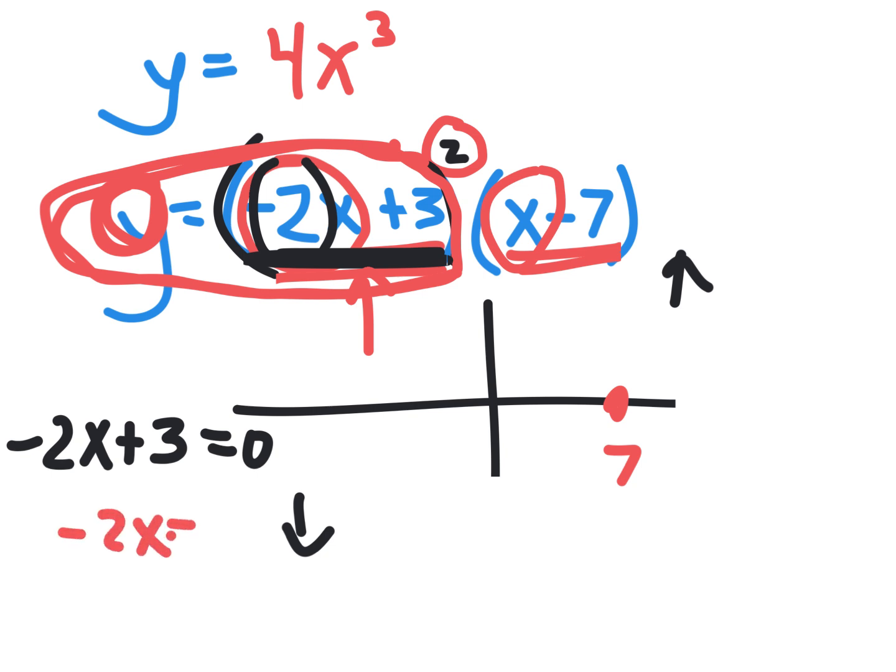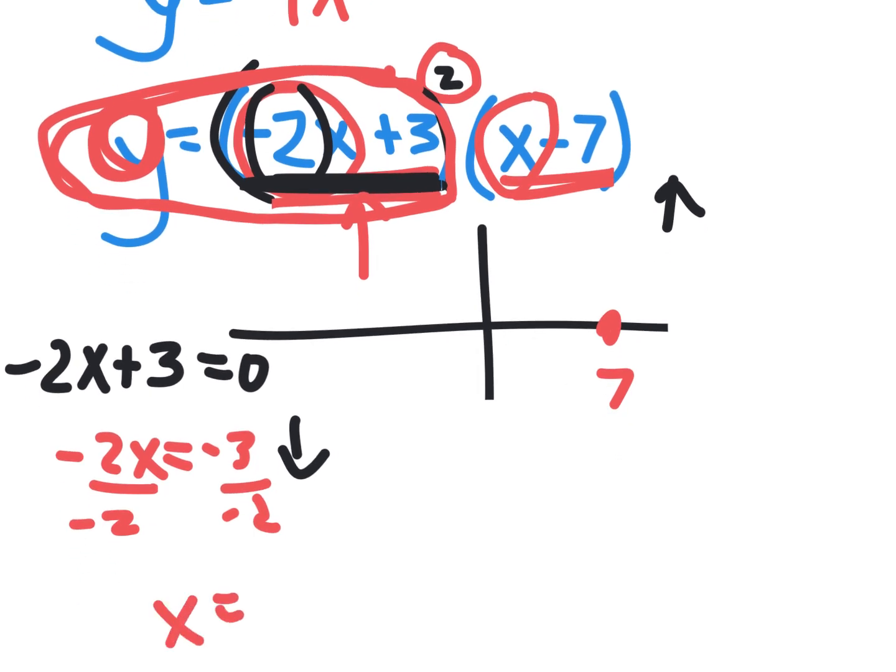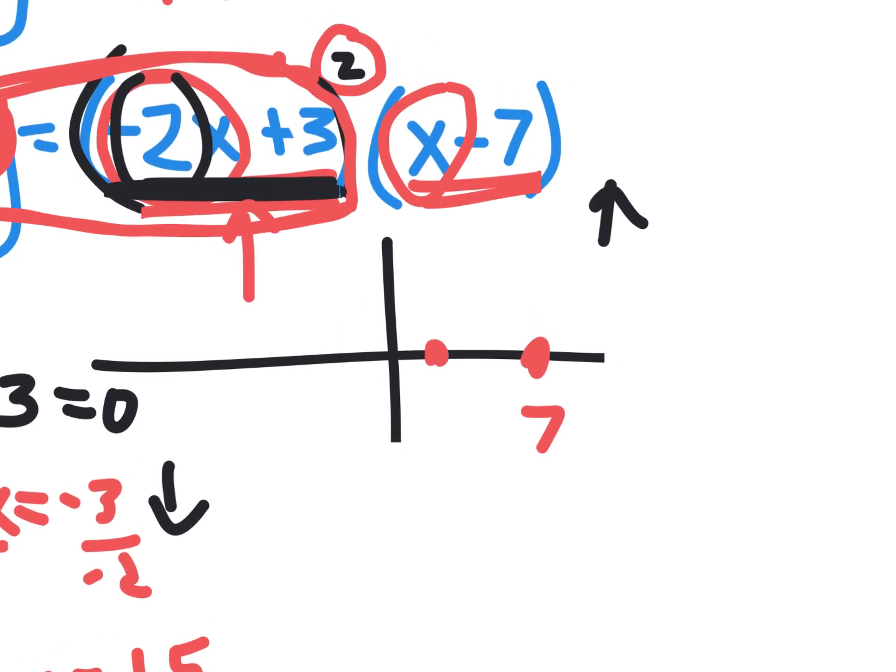Negative 2x equals negative 3. And now I've got x equals 3 over 2, 1.5, same as last time actually. So it goes through right there, 1.5. And if you start doing this just kind of like la-di-da, you might be like, wait a minute.